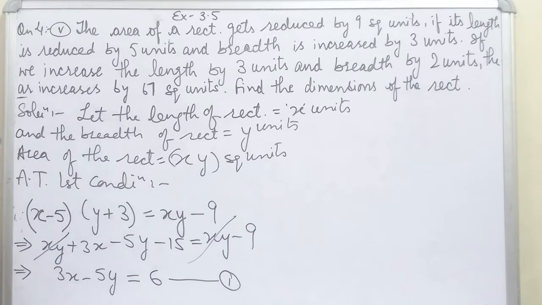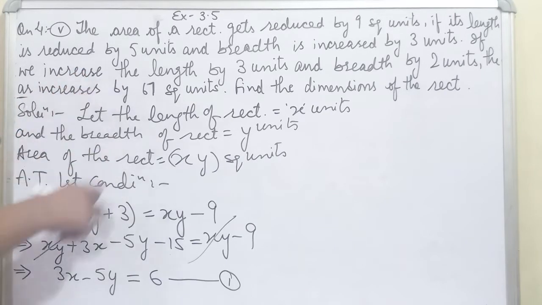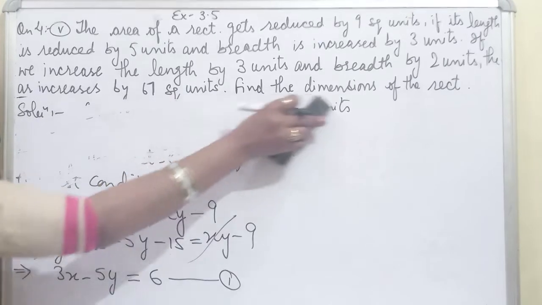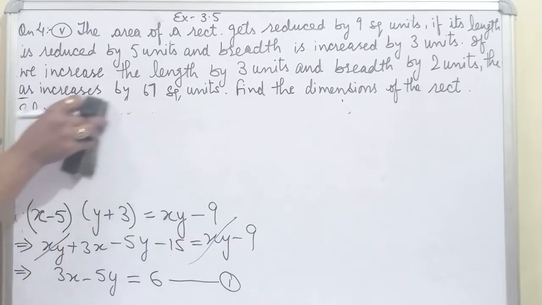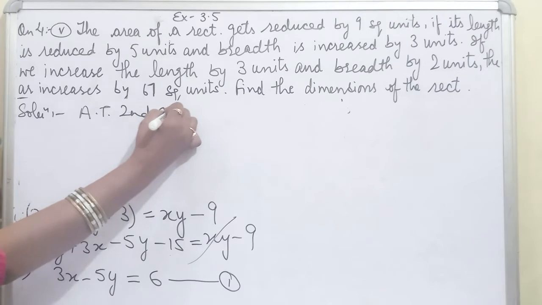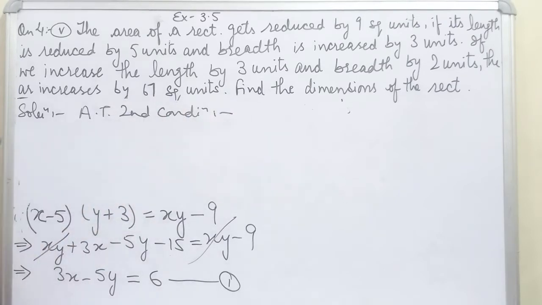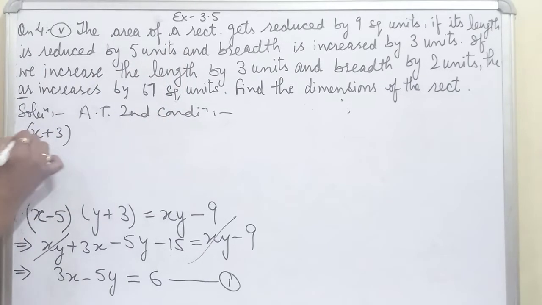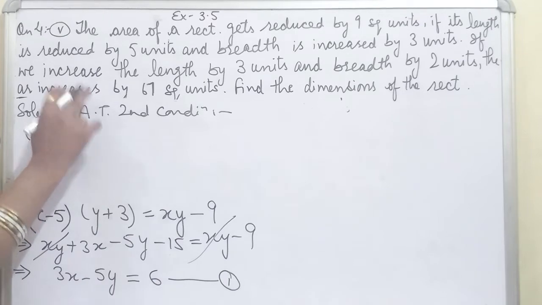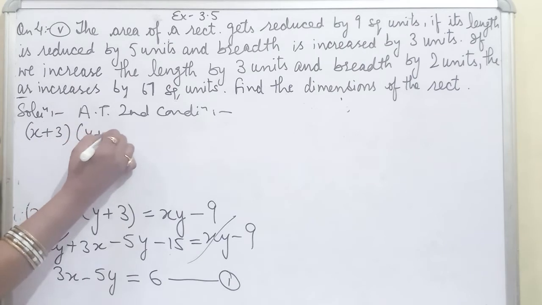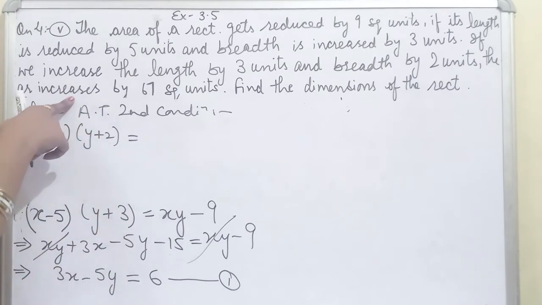Okay, and who will tell me the second equation? In the same way, you apply the second condition and you'll get the second equation. What will be the second equation if length is x and breadth is y? According to the second condition, we increase the length by 3, that means x plus 3, and breadth by 2, that means y plus 2, is equal to xy plus 67, since area is also increasing.